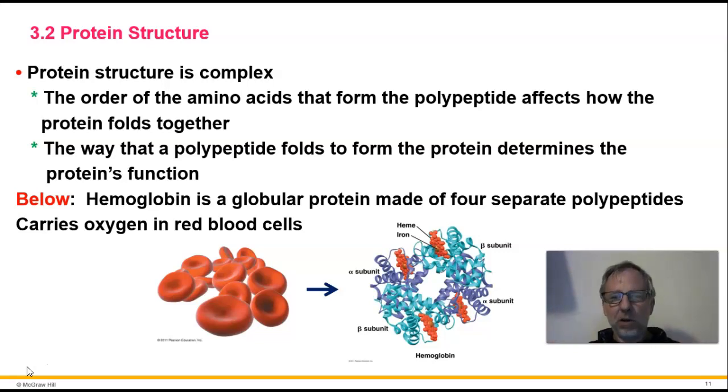And hemoglobin's job or function is to carry oxygen in your blood. So the structure of hemoglobin determines its function, which is an oxygen carrier, an oxygen transporter. Now, we can give example after example of different proteins in your body that have different shapes and how those shapes determine how that protein works. Aha! Shape determines function.